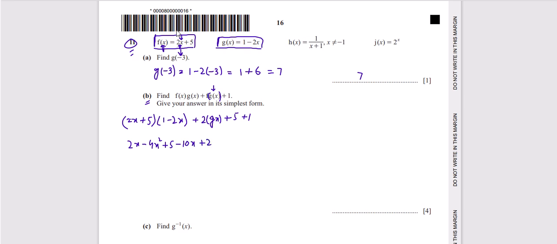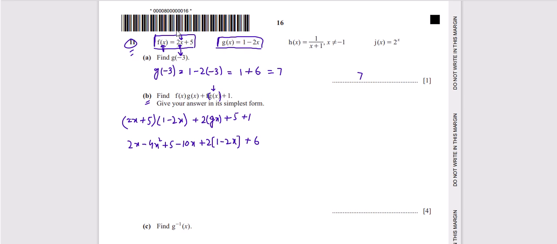Plus 2, put here the function of g of x, which is 1 minus 2x. 5 plus 1 is equal to plus 6.